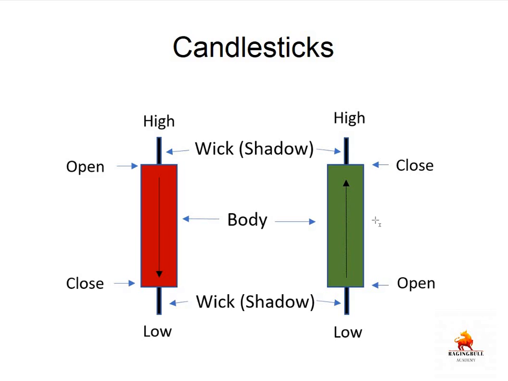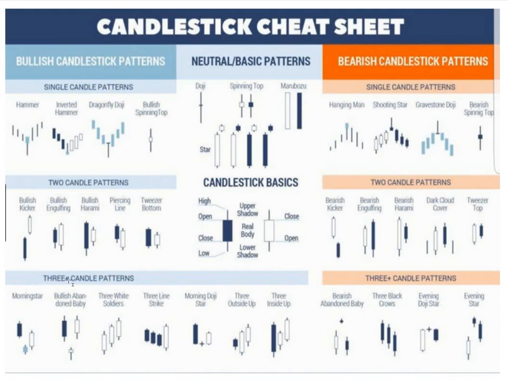Now, to go a little bit on the advanced side of things, this is a candlestick cheat sheet. What I want you to do is memorize this. As part of your learning curve, you're going to see these and automatically start memorizing them.